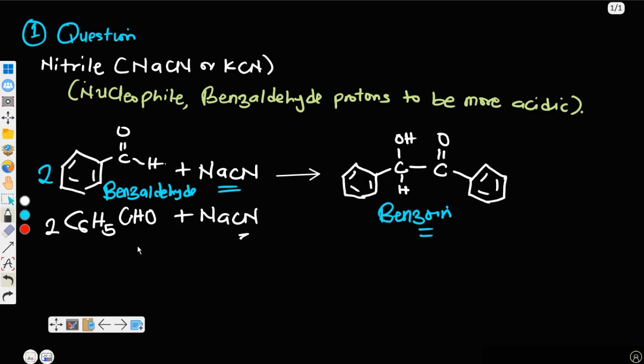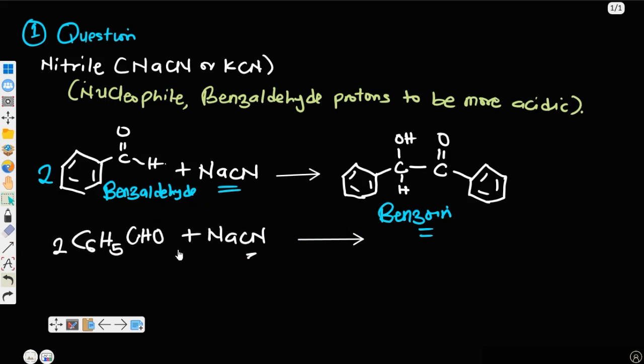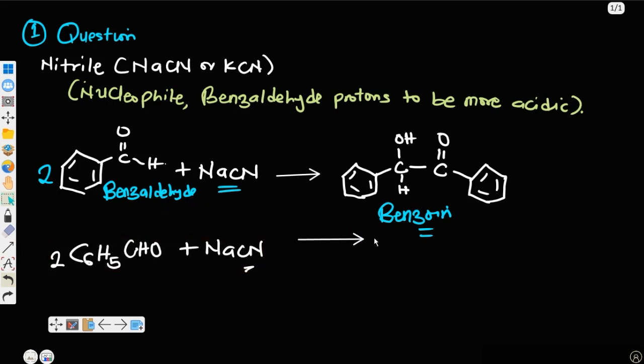Now, if you want to write benzoin using the format I was using under here, let me use this format. This will give us, first of all, C6H5. Is that okay? Then we have this carbon.